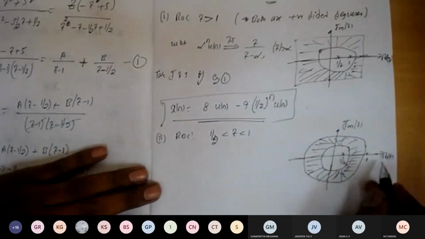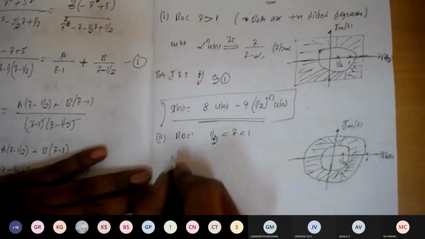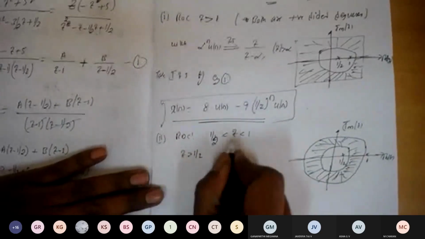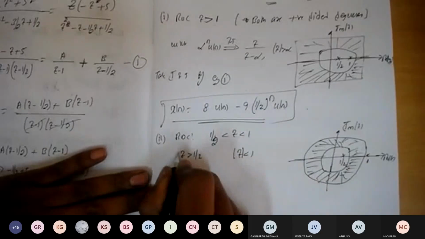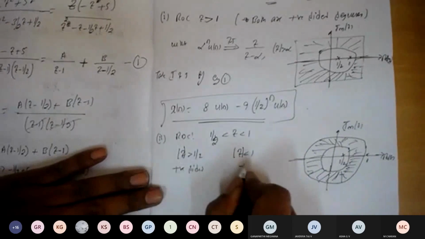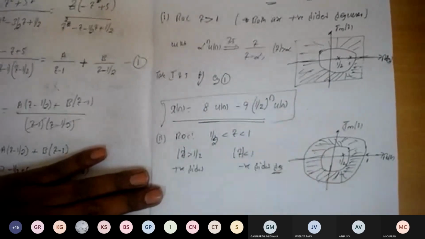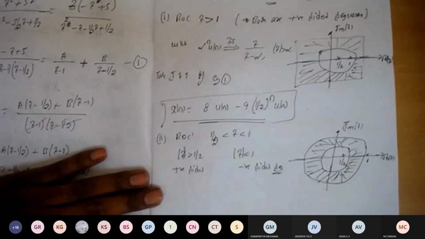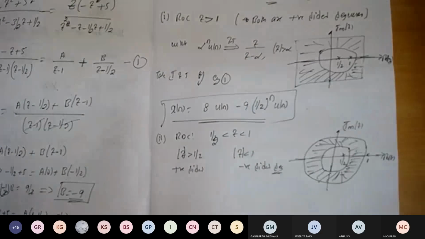Here z is greater than 1 by 2, and another one is z is less than 1. We can split here: this is the positive sided sequence and this is the negative sided sequence.